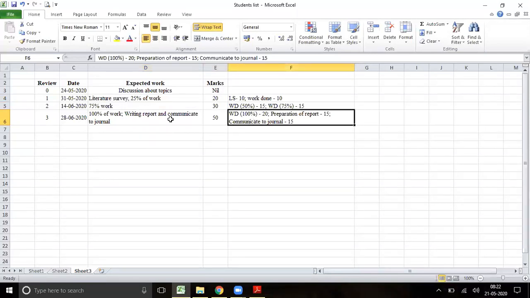If you complete 100% of the work within this time, you will get 20 marks. For preparation of the article, you will get 15 marks. And if you have communicated to the journal within that time, then again 15 marks. See, again I'm saying this is group work, so it is your responsibility to divide the entire work. Okay. So suppose, yes, tell me.